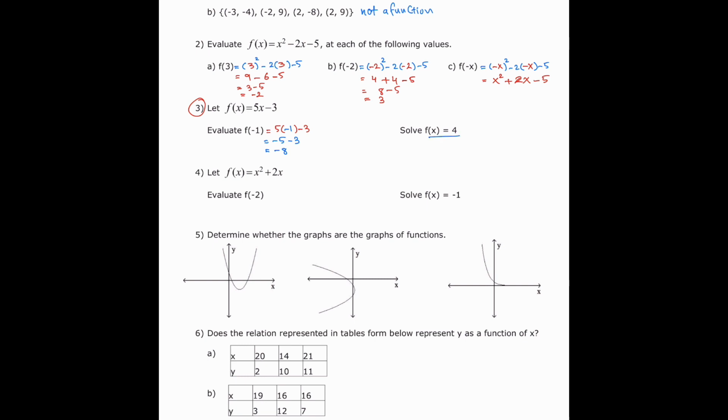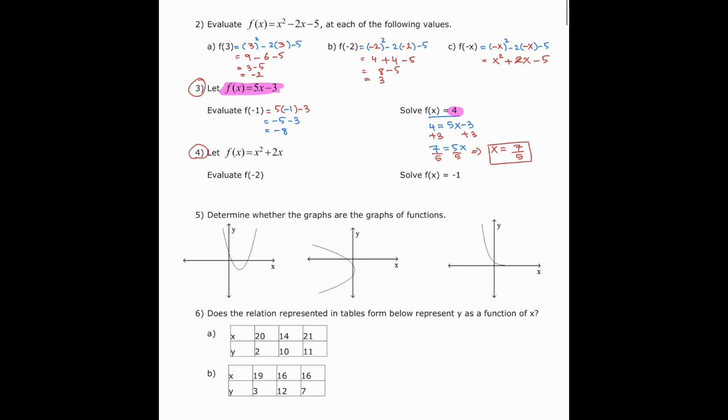So in order to solve that, I will look at this equation and I will replace f of x with 4. So this is going to become 4 equals 5x minus 3. Now this is a linear equation. I can solve by adding 3 to both sides of the equation first. I will get 7 equals 5x, and then I will divide by 5. So this will lead to x is equal to 7 over 5. So that is the solution.